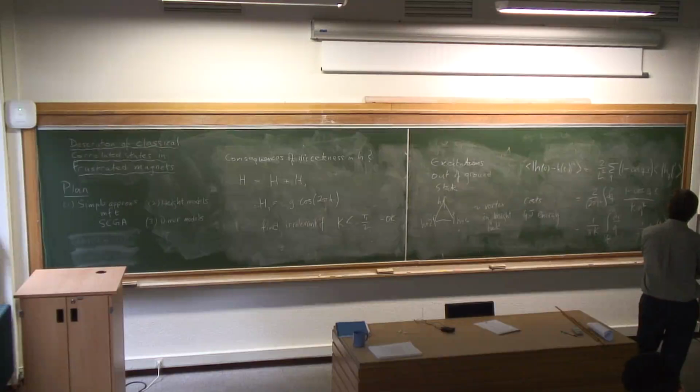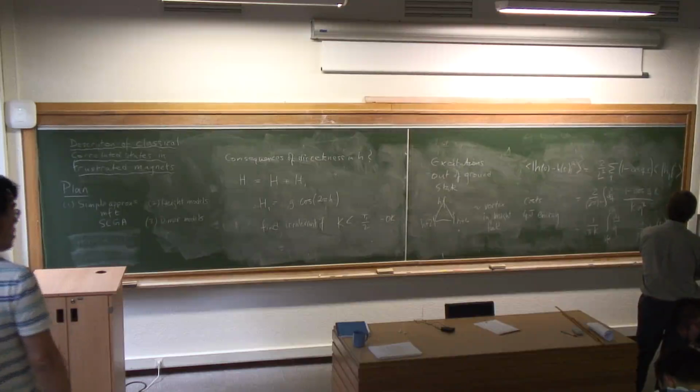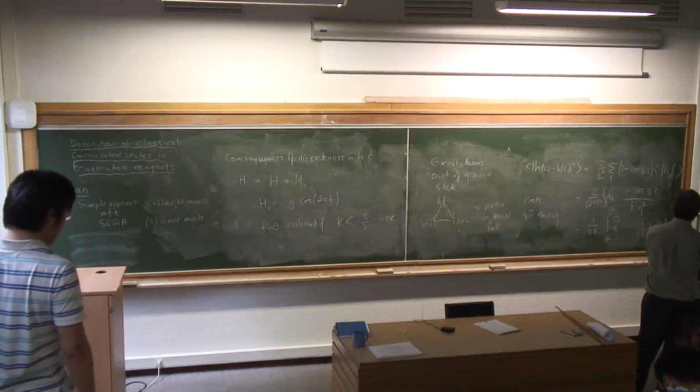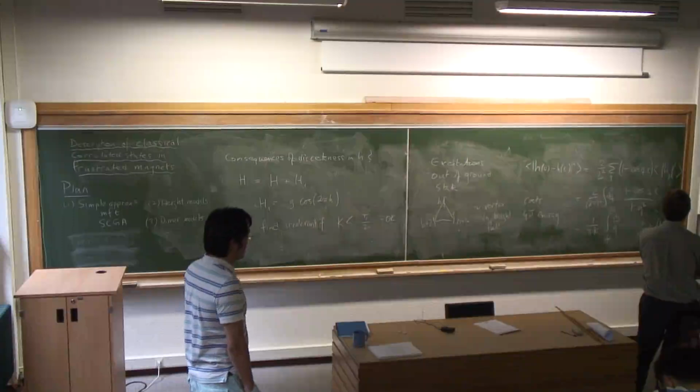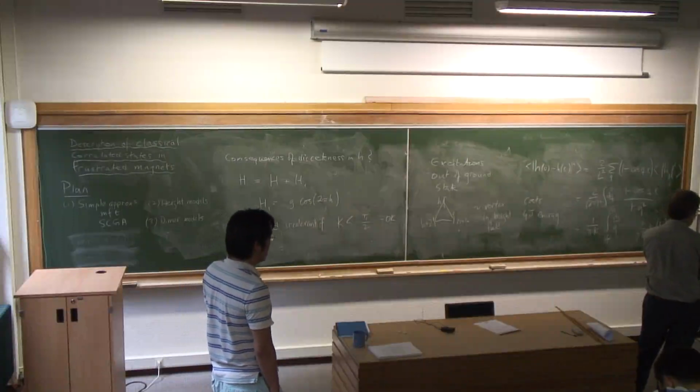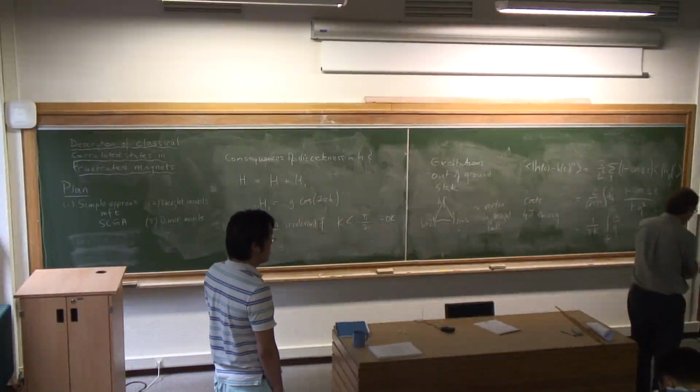Well, there are probably several points to make. One is that I'm introducing this now to illustrate some ideas which are going to be useful in other situations where we certainly don't have an exact solution.